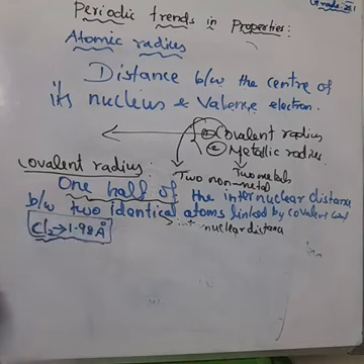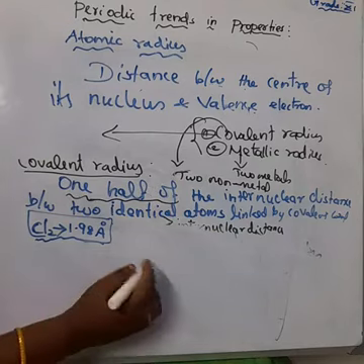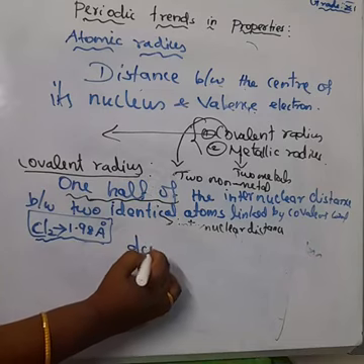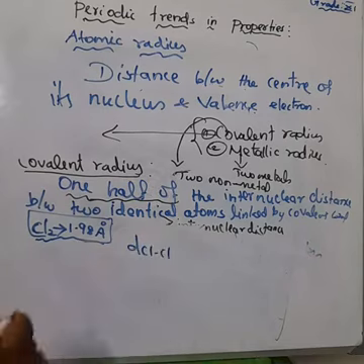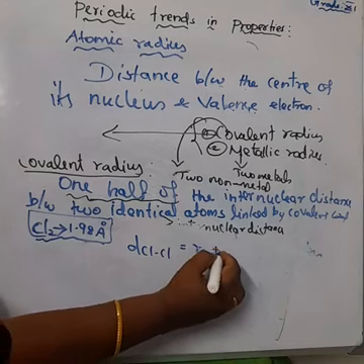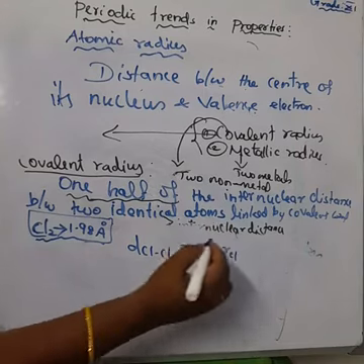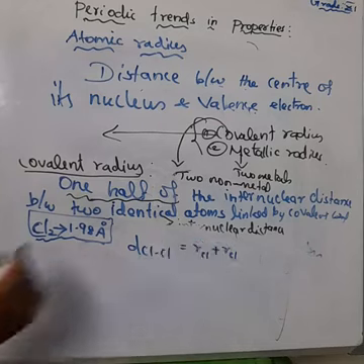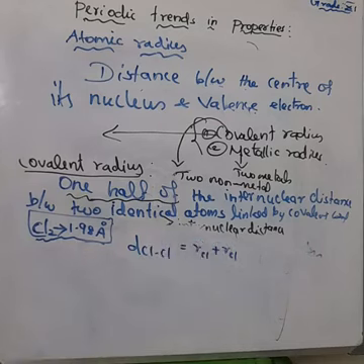The internuclear distance between chlorine and chlorine is equal to R chlorine plus R chlorine, where R means the radius of chlorine.